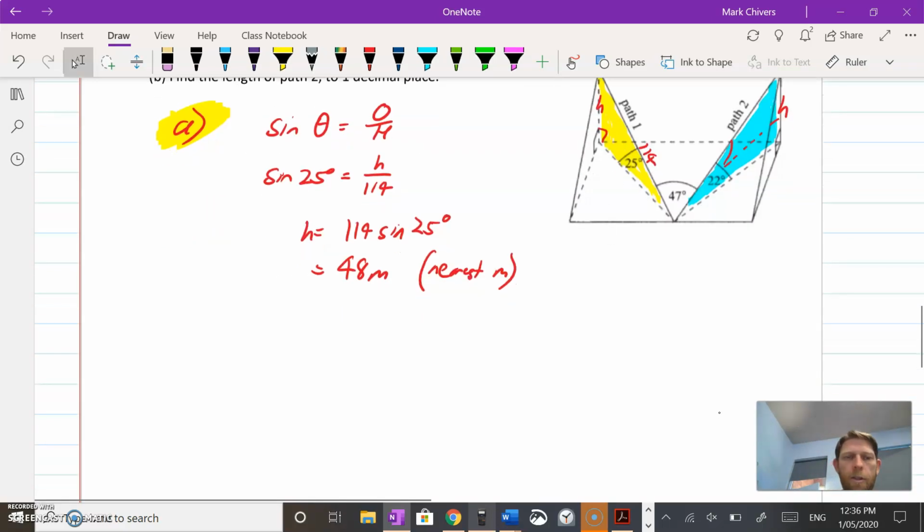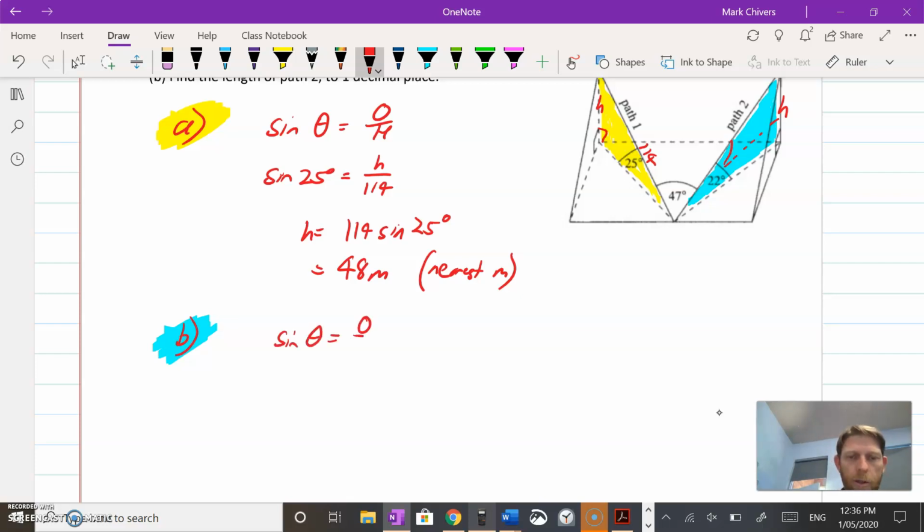So in this particular instance in B, if we're using the opposite and the hypotenuse, we're still using sine. So sine theta is the opposite over the hypotenuse. But in this case, we know it's 22 degrees, and the opposite side is the height, which is 48 metres, and the hypotenuse is the bit we want to know, that's the path.